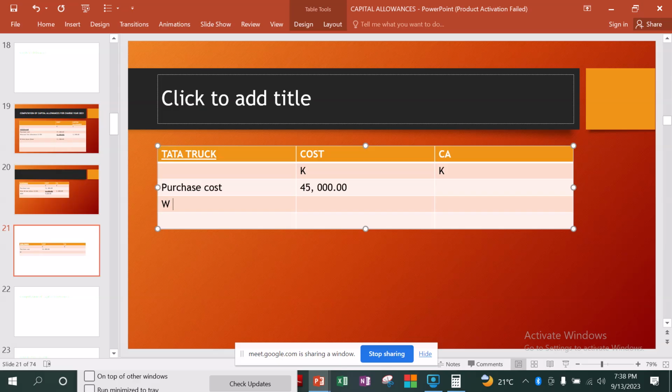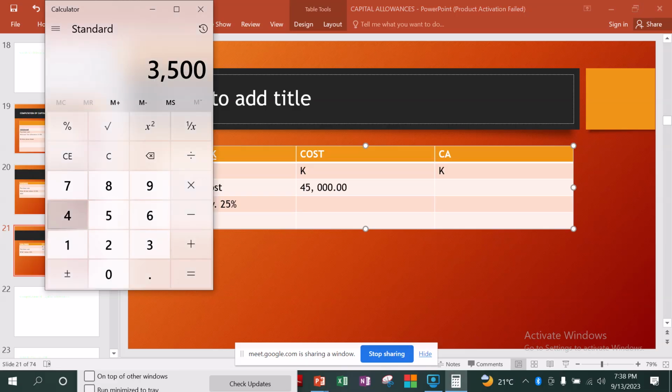Wear and tear allowance. For the Tata truck, it is at 25%, since it is a commercial vehicle. So what is 25% of 45,000?